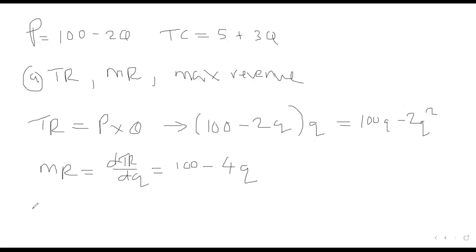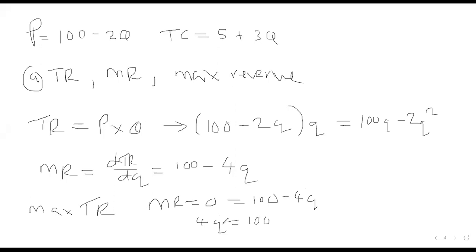Then to maximize revenue, how do you maximize total revenue? Marginal revenue must be equal to 0. So here we're going to say 100 minus 4Q equals 0. When the 4Q comes inside, 100 will be divided by 4. So our Q will therefore be equal to 25.